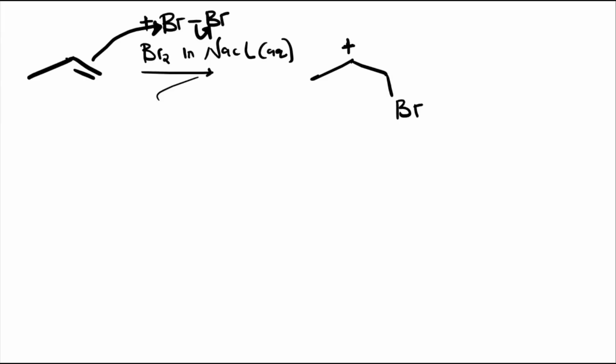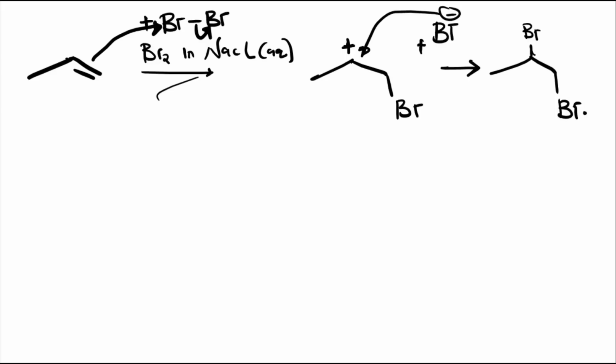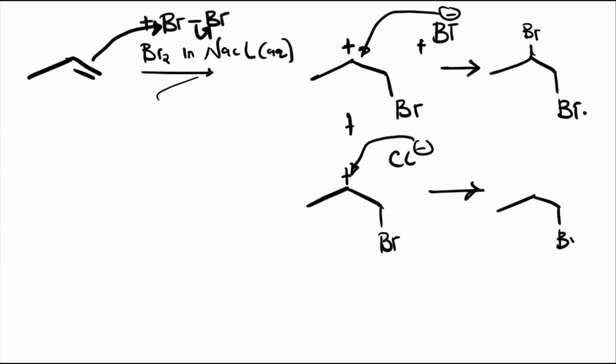What will happen is that either this bromide that is in solution will come and attack here and form this compound, or this same cation may be attacked by this chloride that is in solution and form this compound.